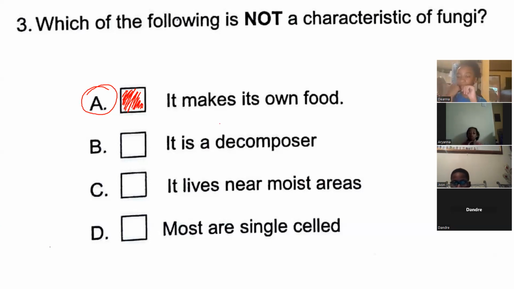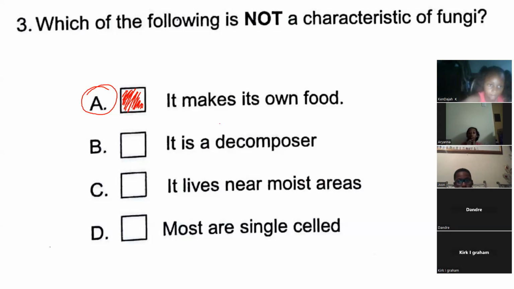What is the name of the organism that makes its own food? A producer. Very good. What is the name of a producer? A plant. Plants and flowers. So yes, plants are producers. Very good.